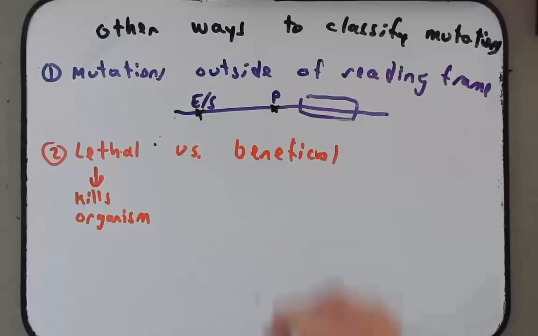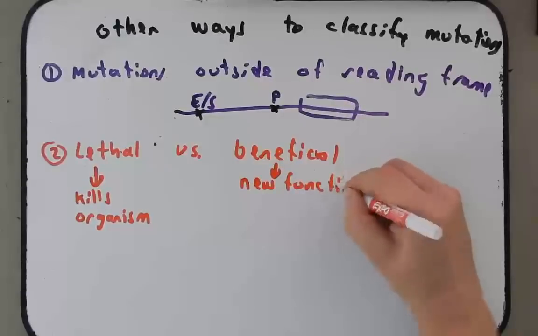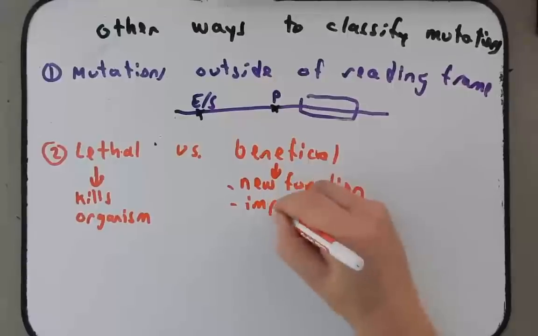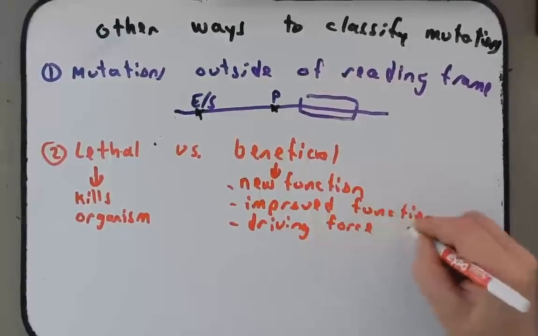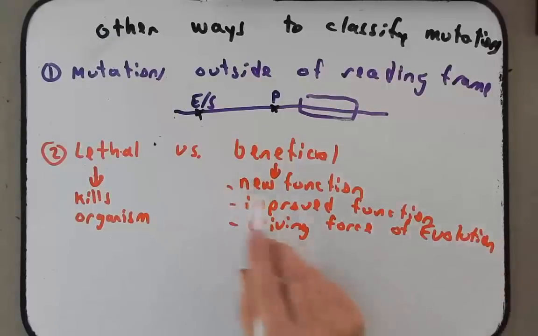On the other extreme, a beneficial mutation may provide a new function, could be a completely new function for the organism. It may provide an improved function. These kinds of mutations are often the driving force of evolution. Sometimes mutations appear in populations, and at some point in that population, these mutations now will have some kind of benefit and allow certain organisms to have a reproductive advantage.